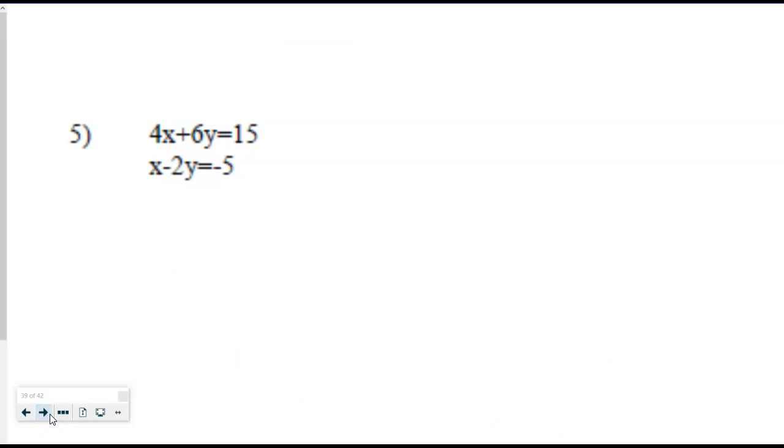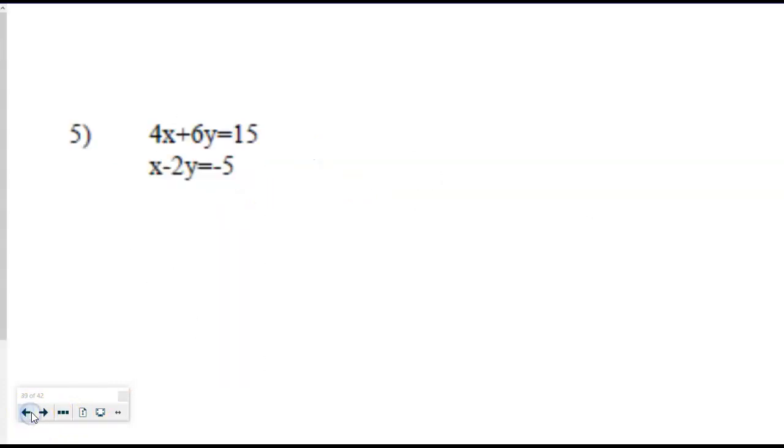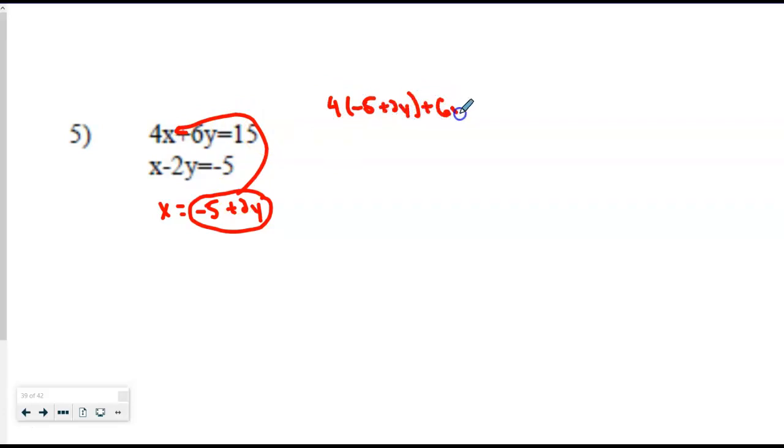All right, so let's look at this one, and then I'm going to have you guys try this one. So we want to get x by itself, and I think we would get x to be negative 5 plus 2y. We'll plug negative 5 plus 2y in place of x. So we got 4 times negative 5 plus 2y plus 6y equals 15. So we got negative 20 plus 8y plus 6y equals 15.